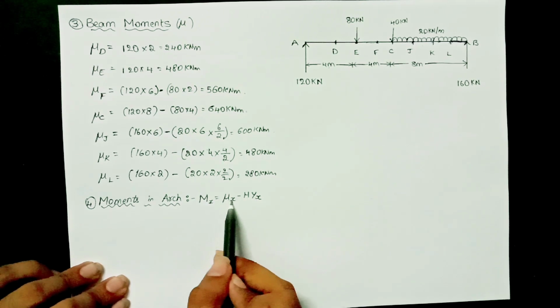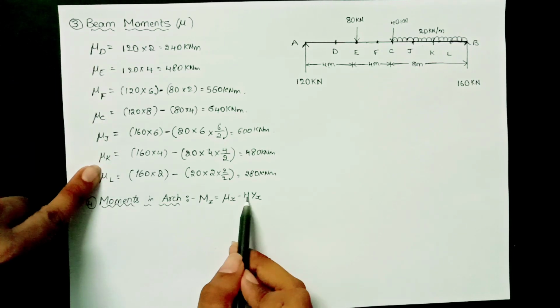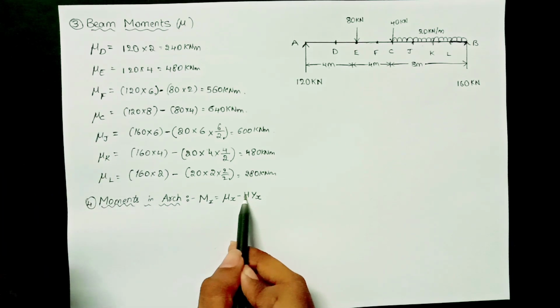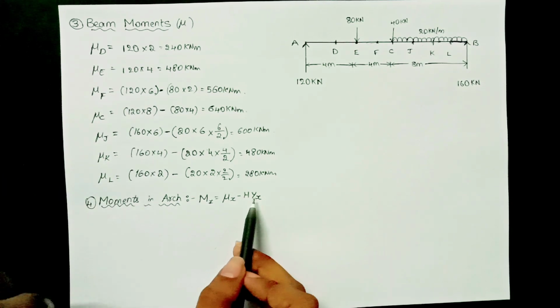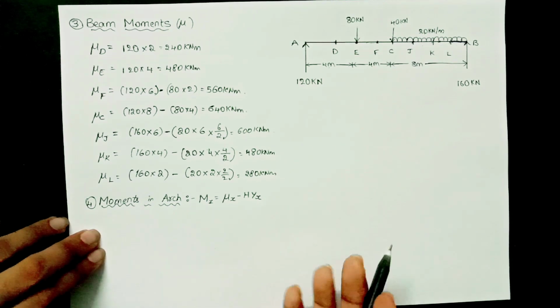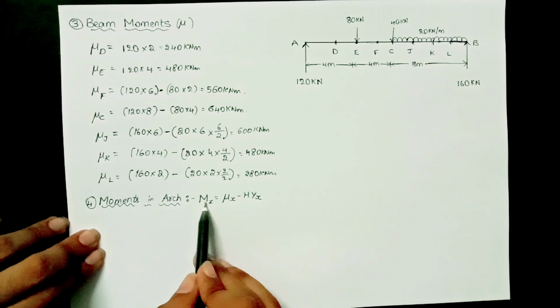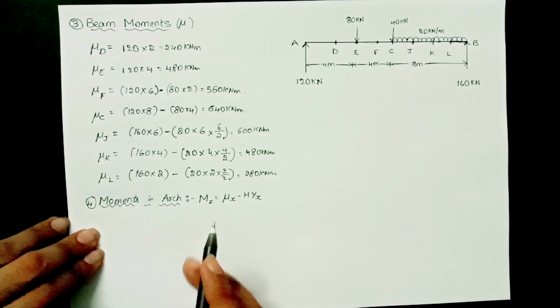So here mu values at various points are obtained from third step and H value is calculated in the second step. It is obtained as 160 kilonewton and Y values are obtained from step 1. By using those values we will substitute the values in this formula to calculate the moment at various points in the arch.